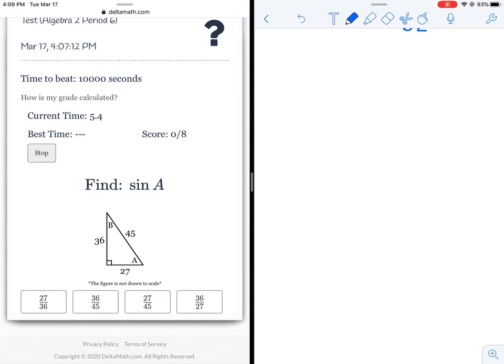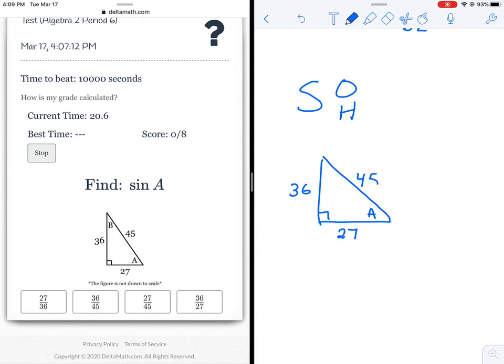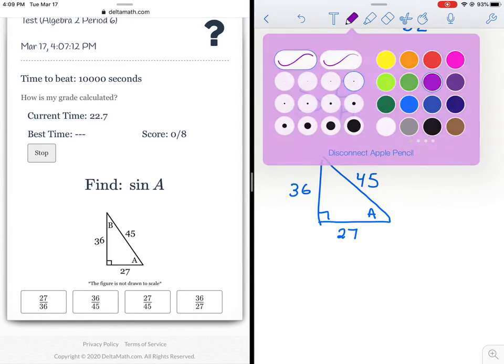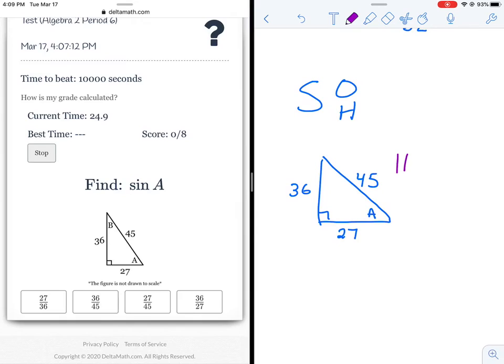They're asking me for sine of A. So sine is opposite over hypotenuse. Again, they're asking me to use angle A. So here's my angle A. I have 36, 27, and 45. I'd like you guys to label these: my hypotenuse, my opposite, my adjacent.